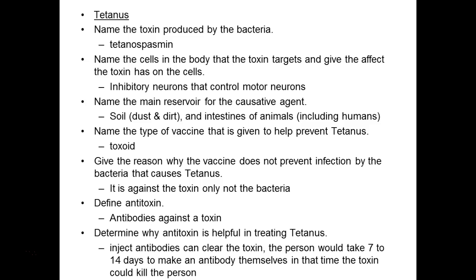So if you haven't been vaccinated, we can inject someone else's antibodies into you. The person would take 7 to 14 days to make their own, and in that time, the toxin would kill a person. So if you don't have the antibodies, we can treat you by giving you someone else's antibodies, by giving you antitoxin.